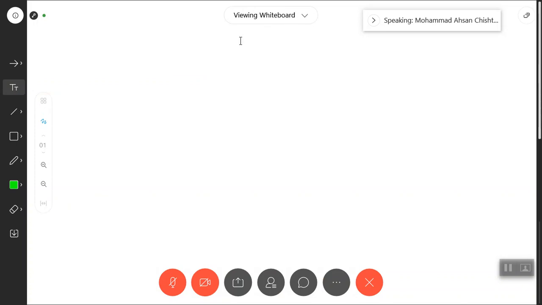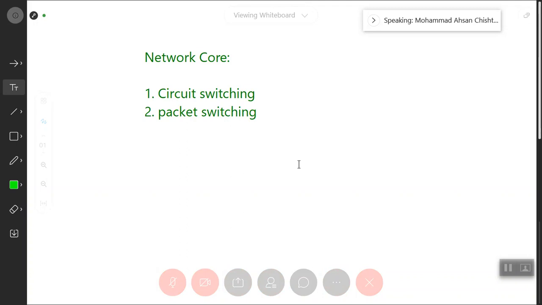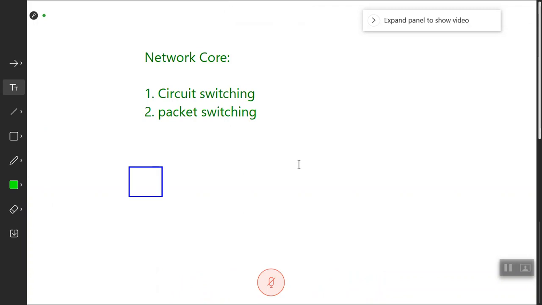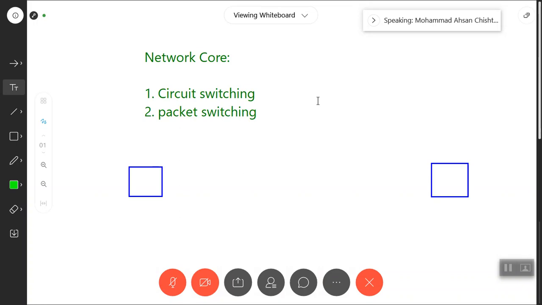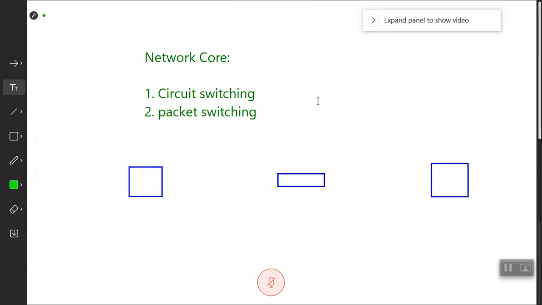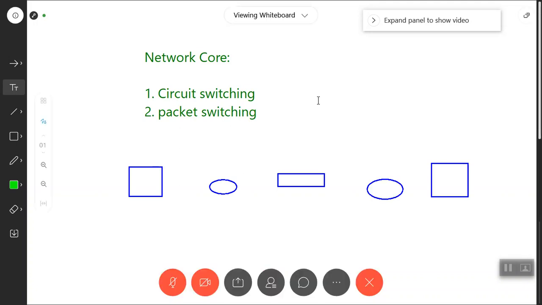In the circuit switch network, let's say we have a network between these.